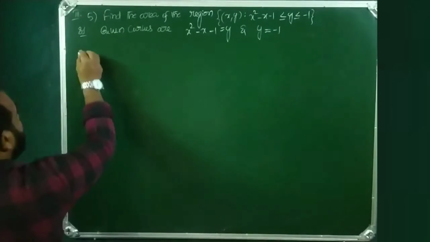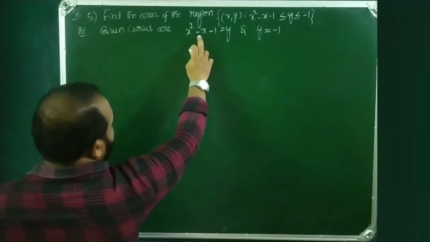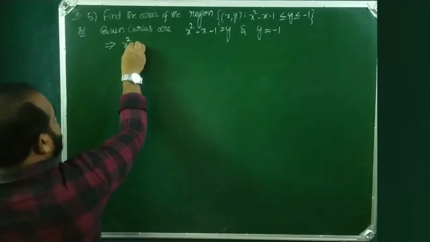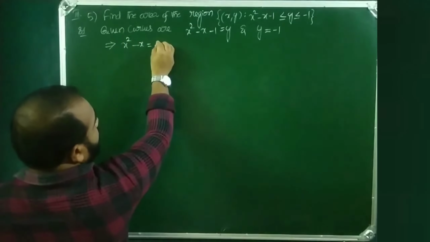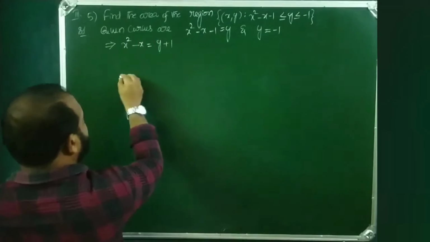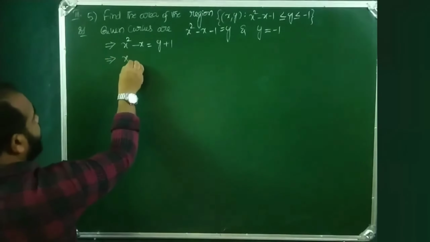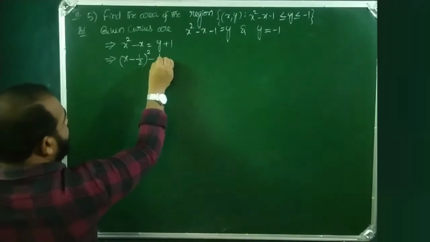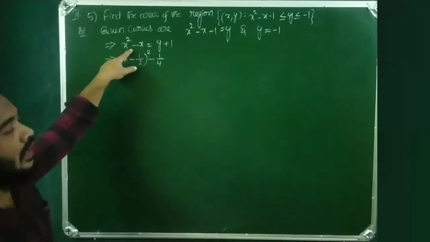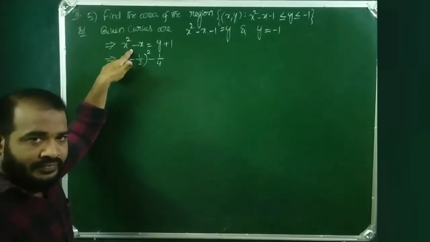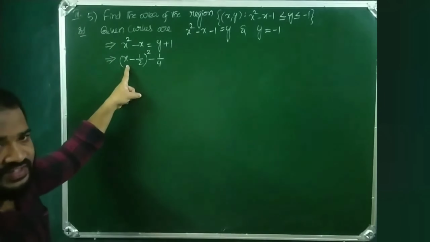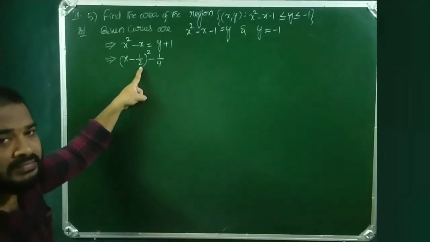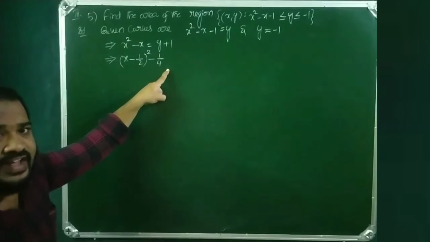Now, first, x square minus x minus 1 equals y. This is x square minus x equals y plus 1. This implies x minus 1 by 2 whole square minus 1 by 4. So I'm trying to convert it into a minus b whole square. You can see here x square, a square plus b square, 1 by 2 whole square, which is 1 by 4, 1 by 4 gets cancelled.